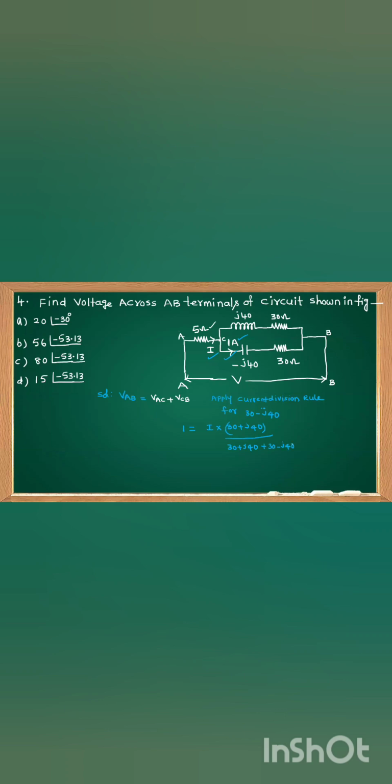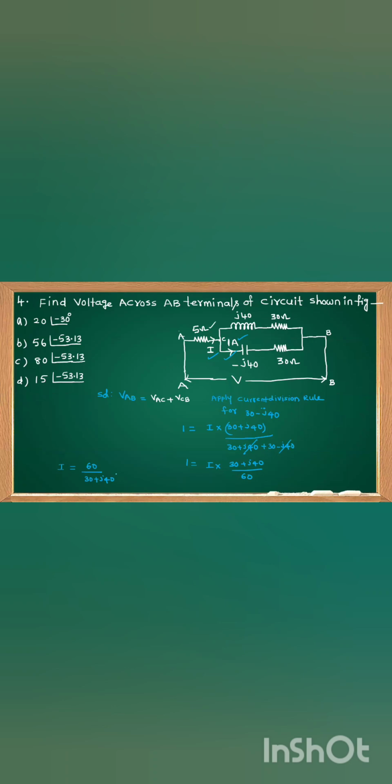Correct? Then plus J40 minus J40 cancel. Then 1 equal to I into 30 plus J40 by 30 plus 30, 60. Then from this, what is I equal to? I equals 60 by 30 plus J40.